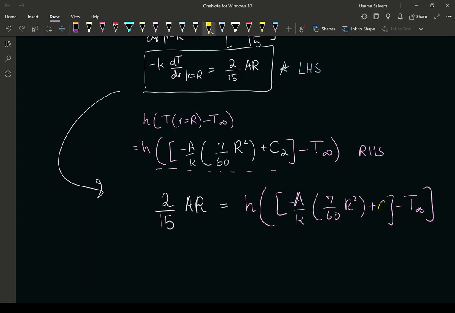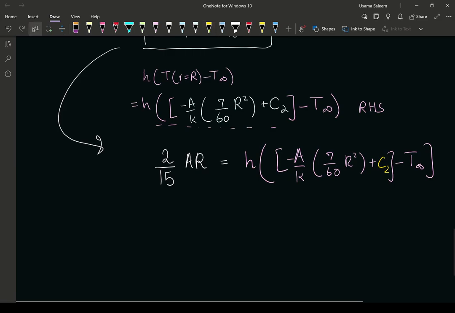So I'll just do some algebraic steps, just for the fun of it. I'm gonna divide both sides by h first. And then I'm gonna add T infinity to both sides.